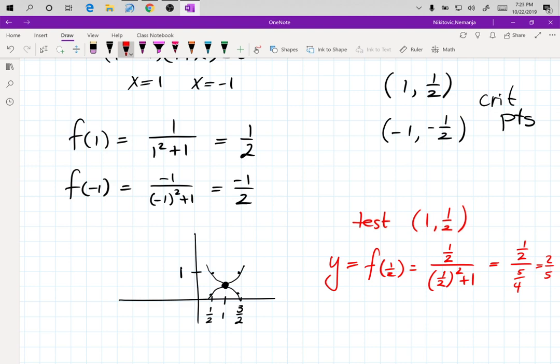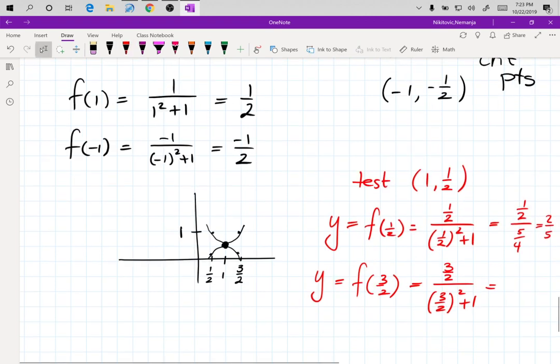And now 2/5, and then we compute f at 3/2, which will give us 3/2 divided by (3/2 squared plus 1). This is going to be 3/2 divided by 9/4 plus 1, which is 13/4. And when we cancel 2 and 4, it's 6/13.